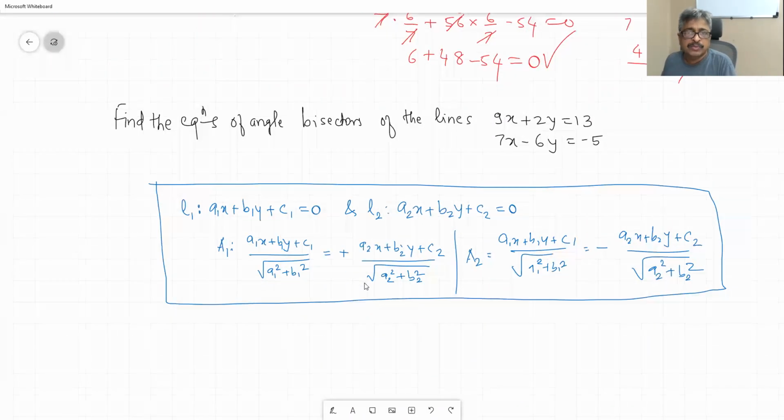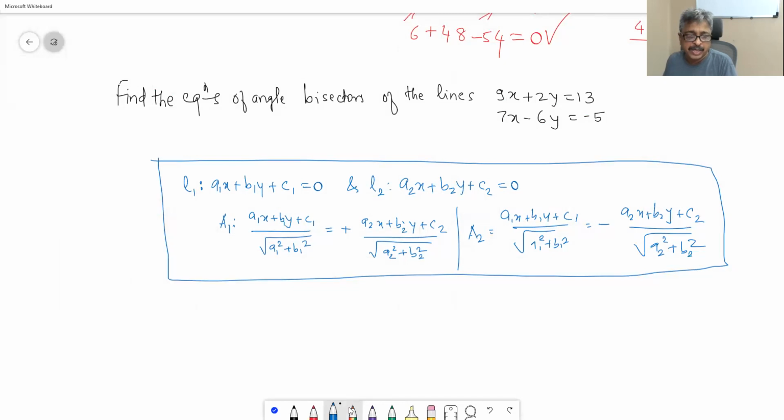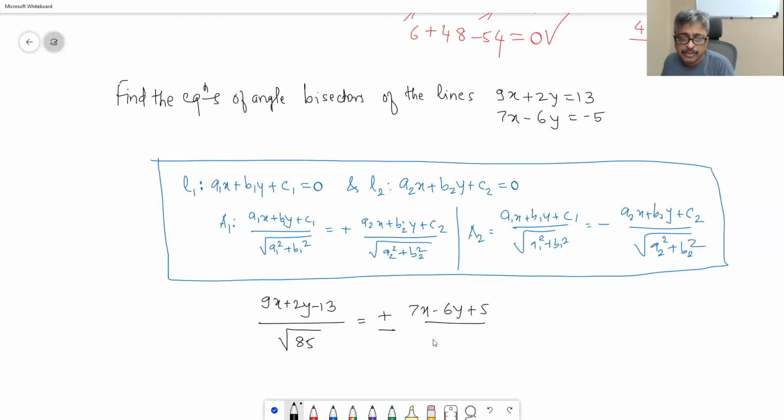Okay. So if we use this formula here, our answer for the given problem is (9x + 2y − 13) divided by root 85 is equal to plus or minus (7x − 6y + 5) divided by root 85.